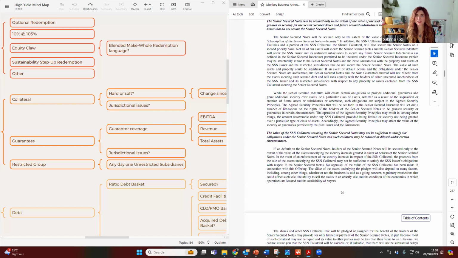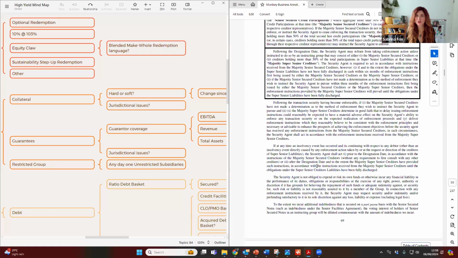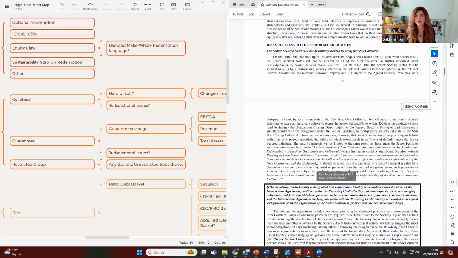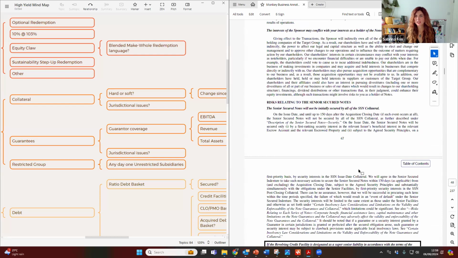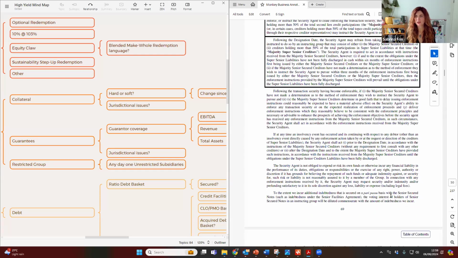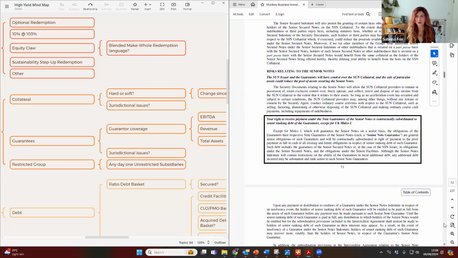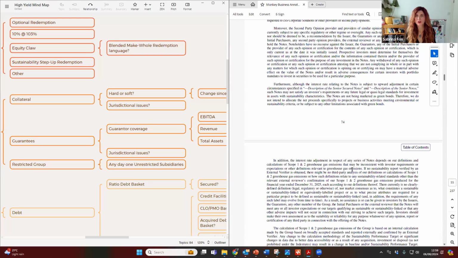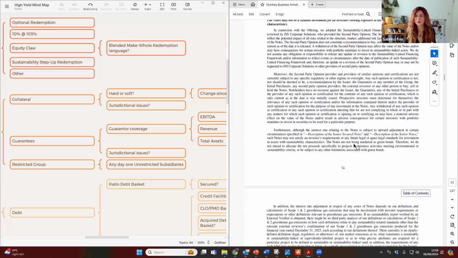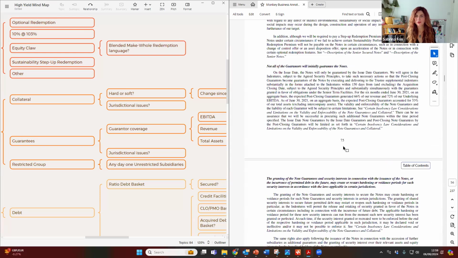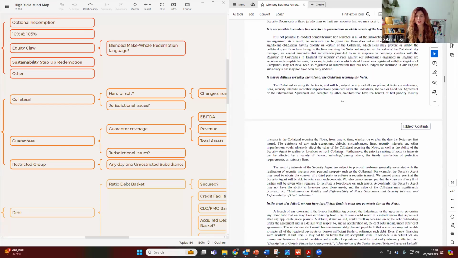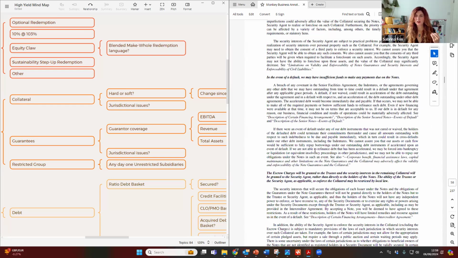But I was more interested in some of the jurisdictional issues that might come up in terms of the guarantees, which should be listed in the risks relating to the guarantees themselves. So we'll just go a little bit deeper into the risk factors. And I recommend to all of my students that you review the risk factors.